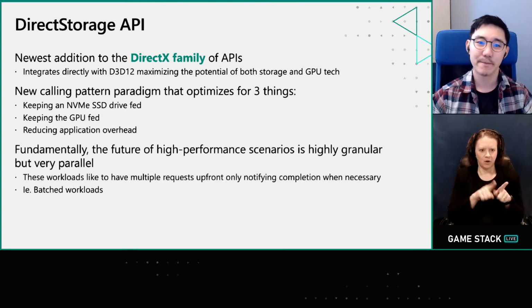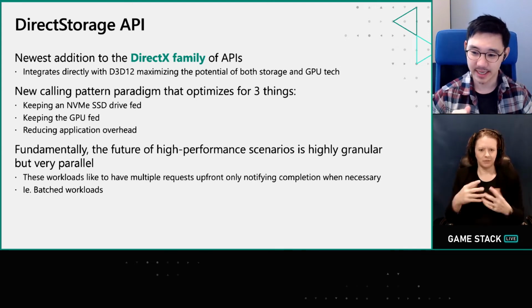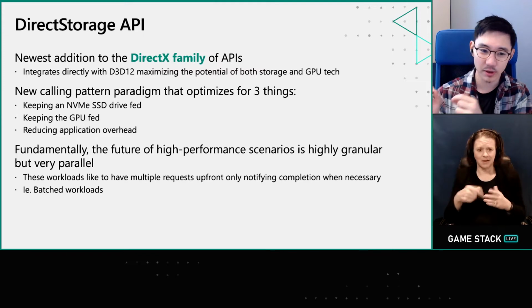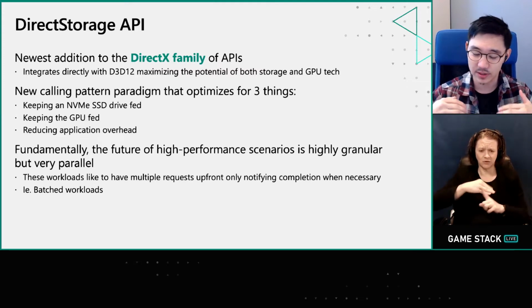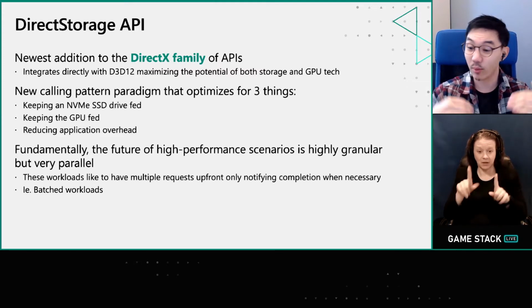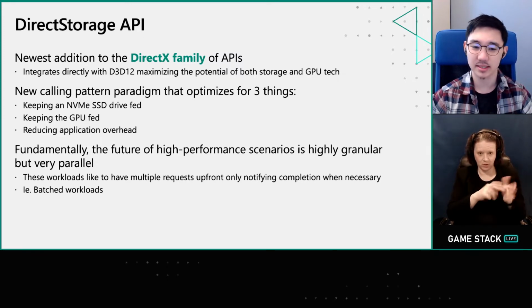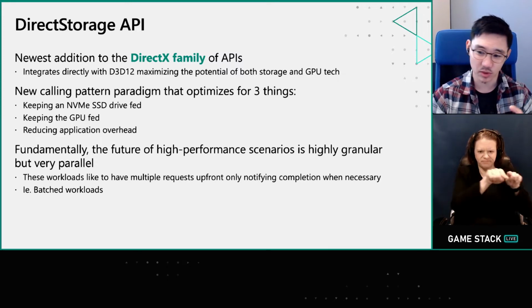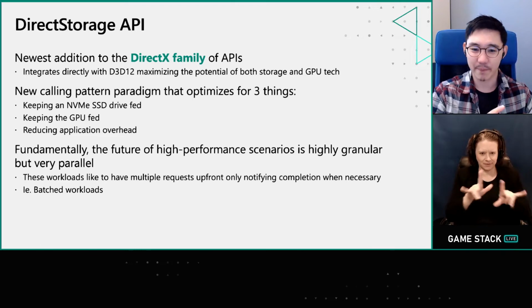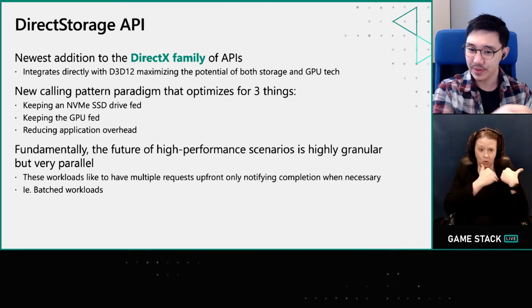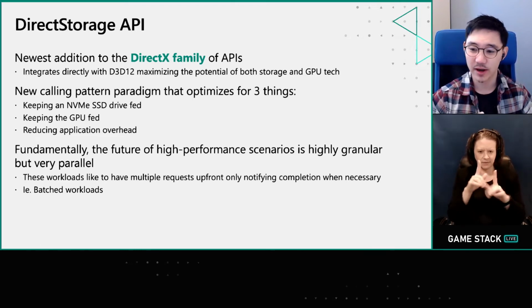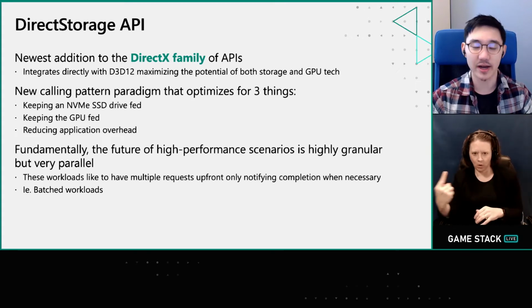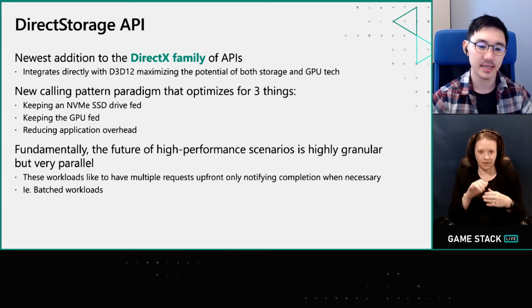Now, fundamentally, high-performance scenarios these days are highly granular, meaning you deal with a lot of little small components, but very parallel, in which all of those can be done at once. And these essentially are workloads that like to have multiple requests up front, not necessarily doing one at a time, and only notifying you, the application, or notifying components when they really need to be notified.